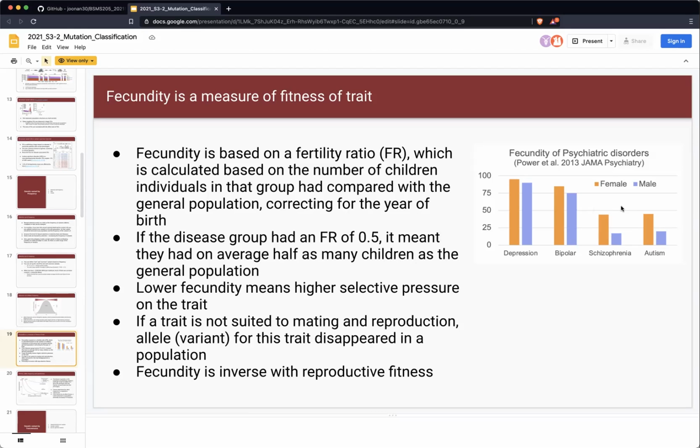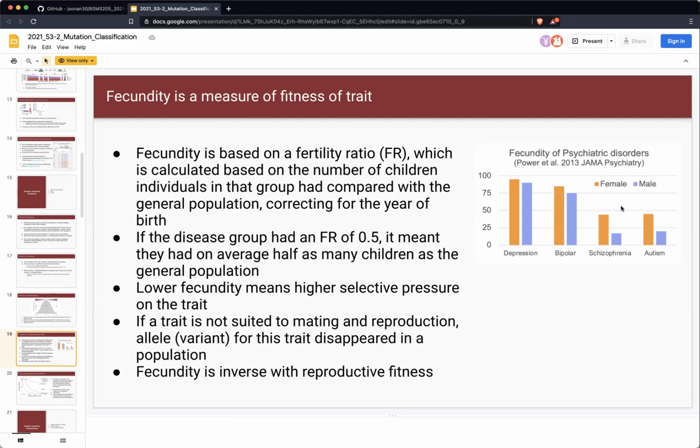The onset of schizophrenia or autism is way before the mating or fertility period. Schizophrenia starts around teenage years, 17 or 18, right? That's a bit before adulthood. And autism starts at 2 or 3 years old. It's normally diagnosed at that time. In Korean age it's 2, and in Western age it's 3, because we count differently.